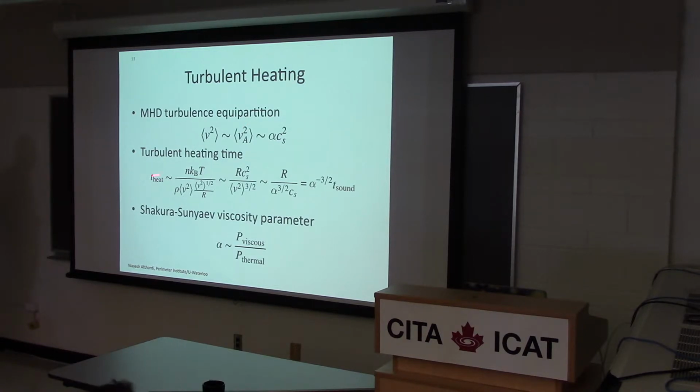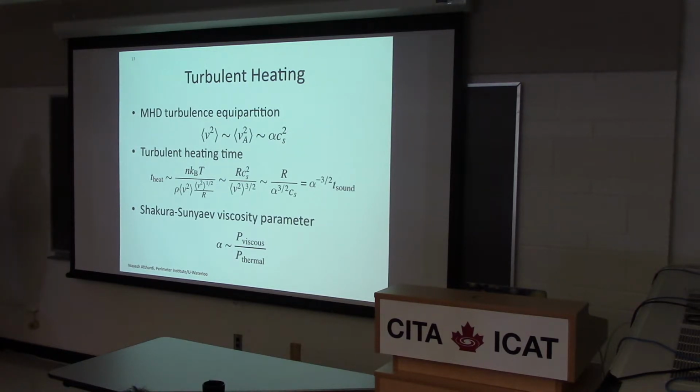Now, if you want to know the heating time, which is the number I wanted to plug in, I have to calculate how long it takes to heat up, given this turbulent medium. The key thing to keep in mind is that there's a time scale of turbulent dissipation, which is the time it takes for some eddy to divide up into 2 eddies. That goes as R over V, so it's the time scale of a turbulence.